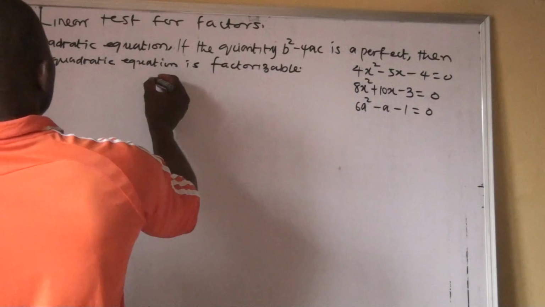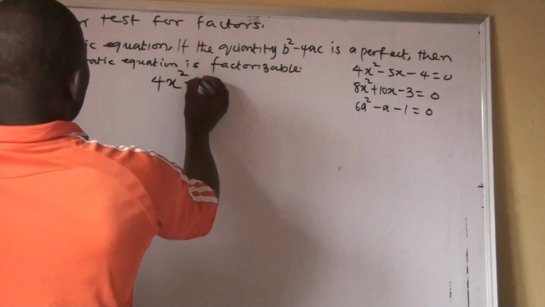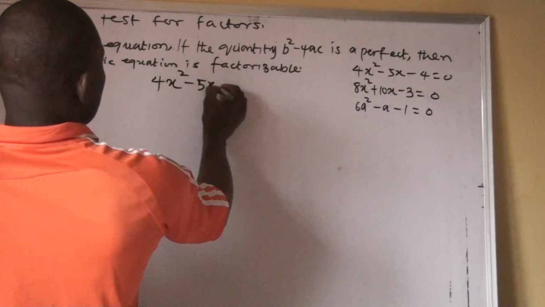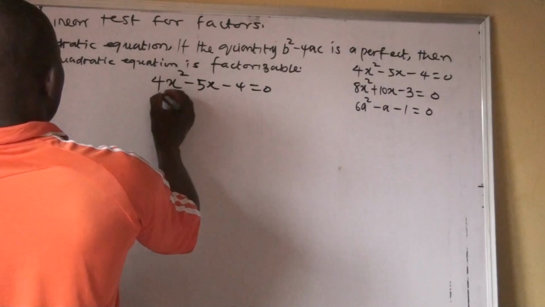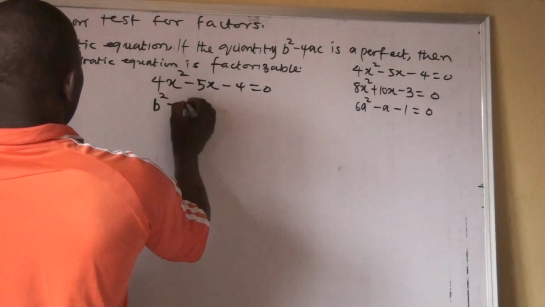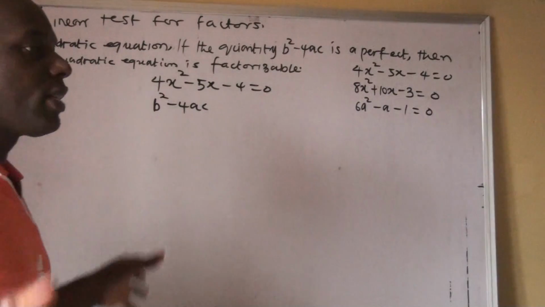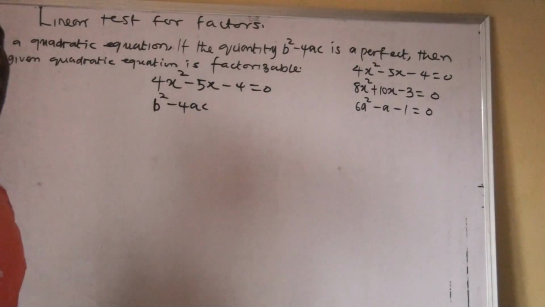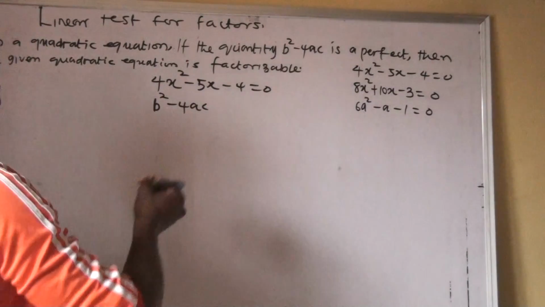We have 4x squared minus 5x minus 4 is equal to 0. Once b squared minus 4ac gives us a perfect square, we know that the equation is factorizable. Let's do that.